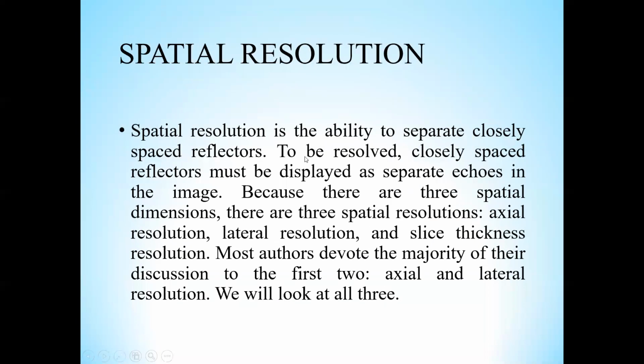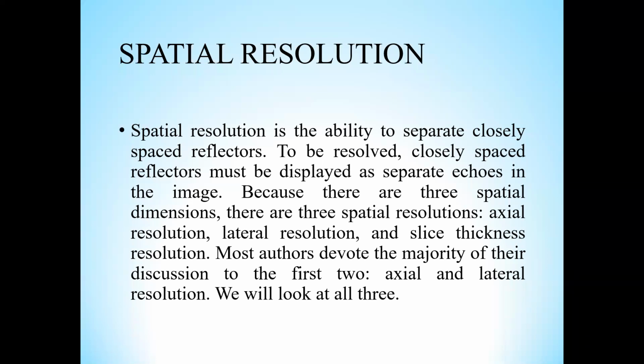So once again I want to revise the spatial resolution. It is the ability of an ultrasound machine to separate closely placed structures from one another in space. That's why this is called spatial resolution.